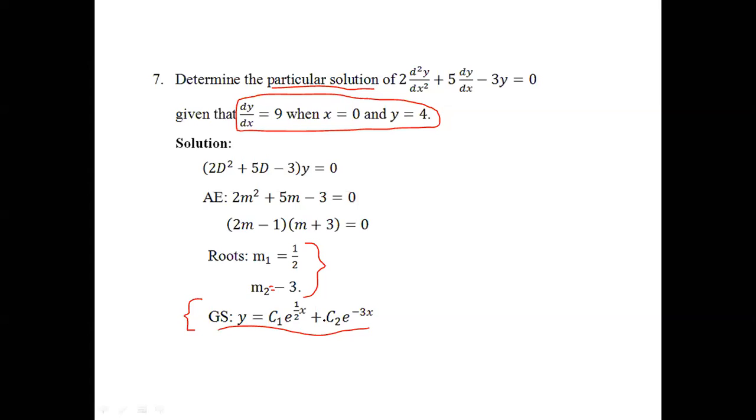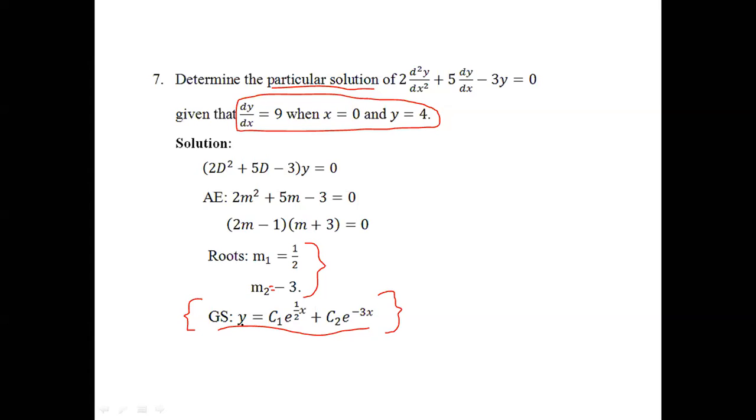We are trying to remind ourselves that since we are given dy over dx to be equal to 9 when x is 0 and y is 4, then we'll have to differentiate, because what we've calculated here, the general solution, is equated to y.